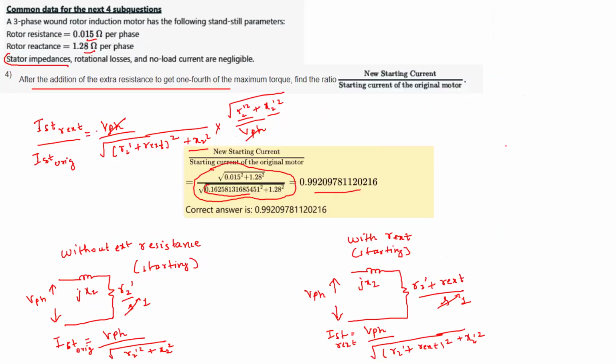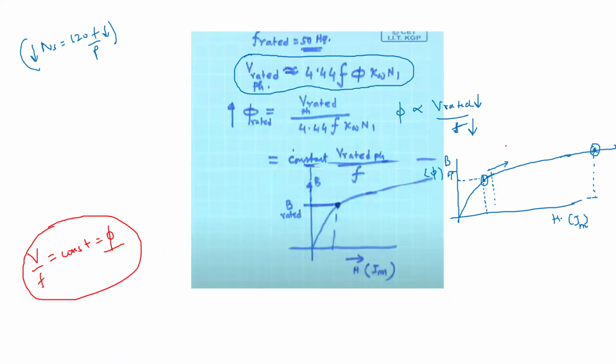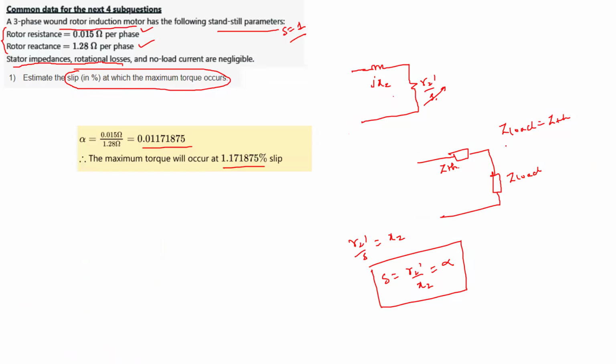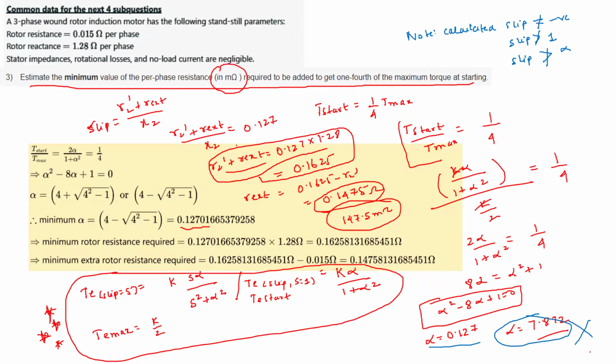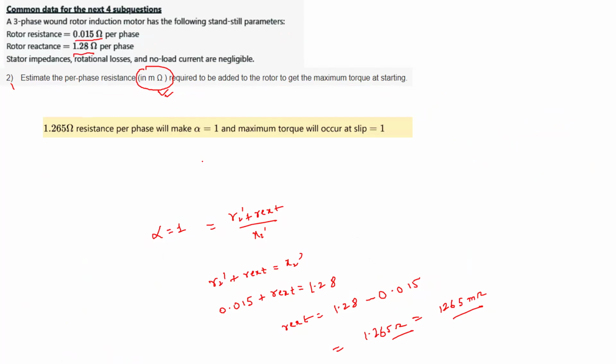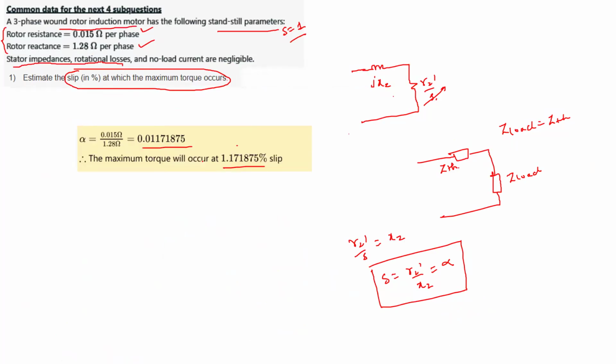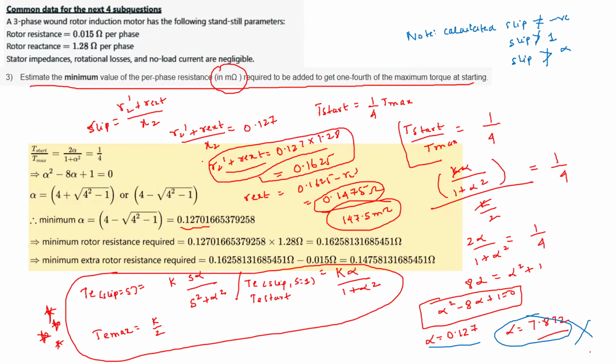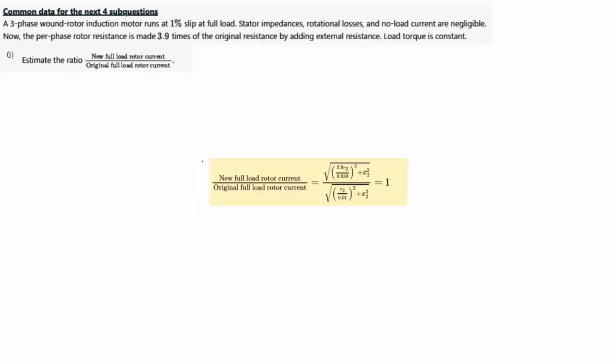Okay, so what was the old full load slip? This we calculated. So this is the maximum torque, and T max is given. So where is this full load slip, in which question is it? Oh, okay, sorry.